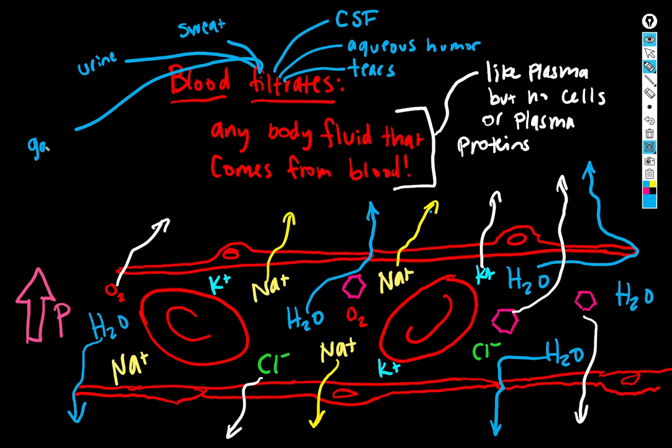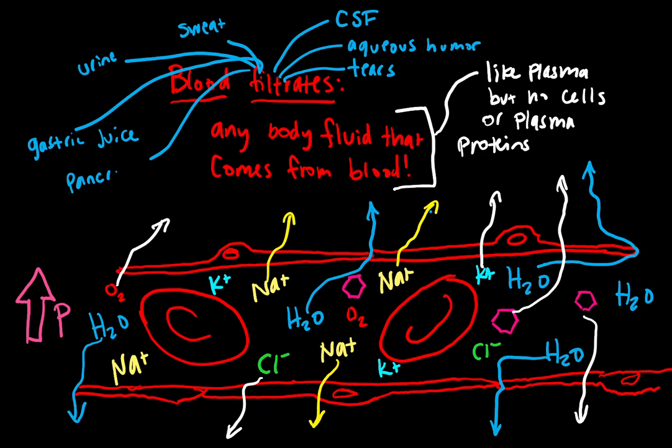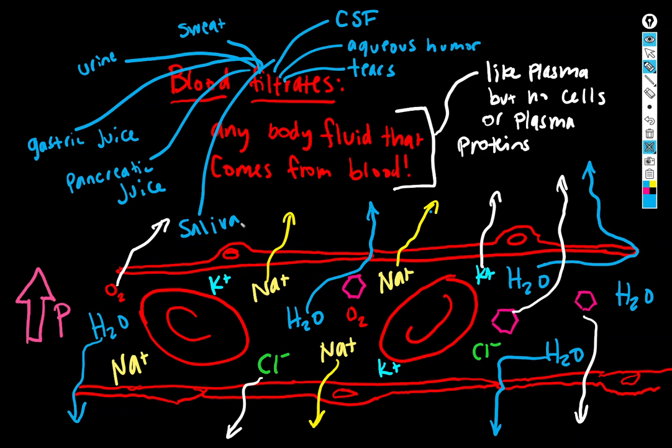Gastric juice, pancreatic juice, saliva. So as you can see, the list goes on and on. So we're going to touch base with all of these fluids over the course of the 2 terms that we're doing A and P together. So I figured it would be a good idea, and we might as well just talk about blood filtrates right off the bat. So cerebrospinal fluid is one of those.